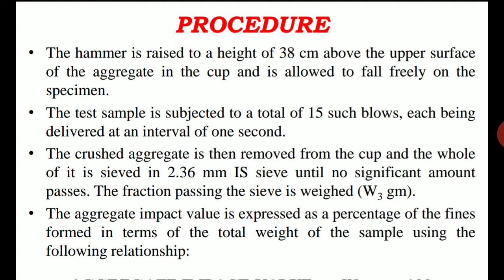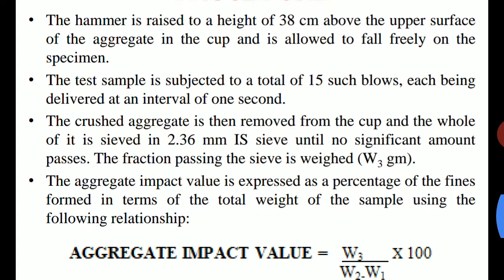In this, some of the aggregates will pass, which are called the crushed particles, and some will be retained. Whatever passes through the 2.36 mm sieve we consider as W3. So W1 is the empty weight of the cylindrical measure, W2 is the weight of the aggregate plus cylindrical measure, and W3 is the weight of the aggregates passing through the 2.36 mm IS sieve.